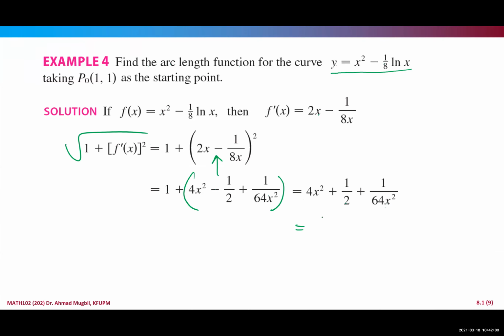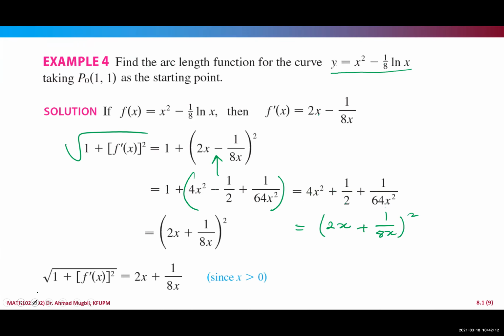Yes, exactly. This is (2x plus 1 over 8x) all squared. This is a perfect square. And this will make it so easy for you to integrate. When you take the square root of this, the square will be gone because x is positive. So you will have 2x plus 1 over 8x.